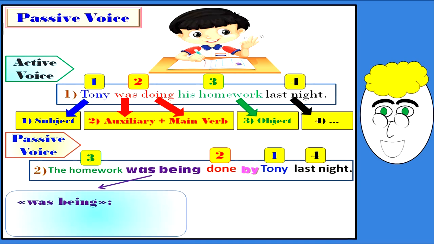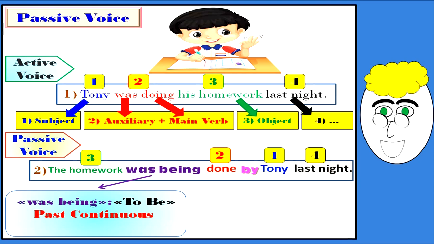As you can see, "was being" is not mentioned in the first sentence in the active voice. Here the main verb is to be. "Was being" is the form of the past continuous of the verb to be.